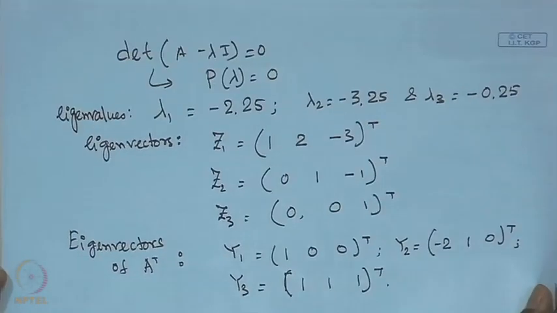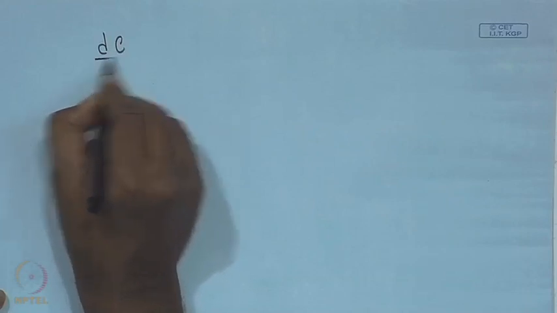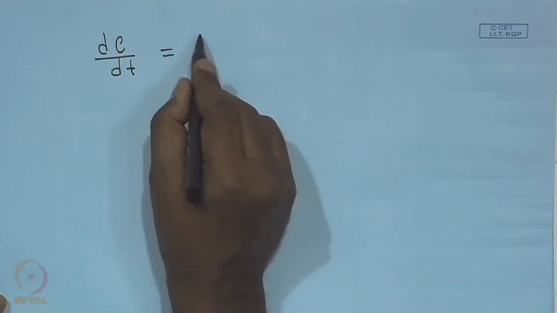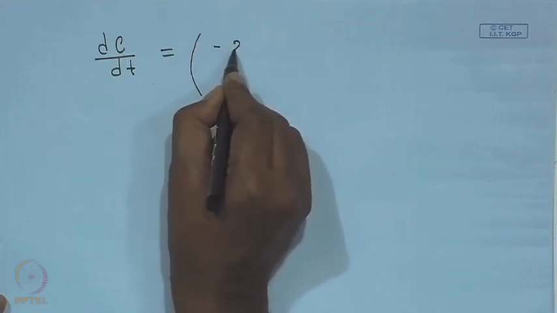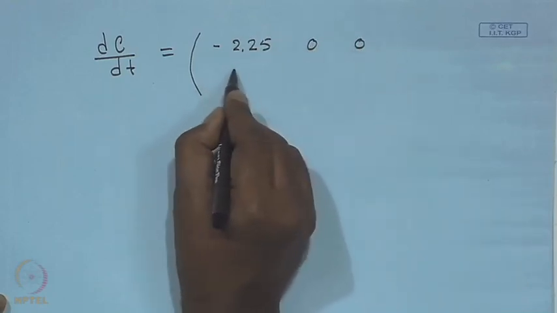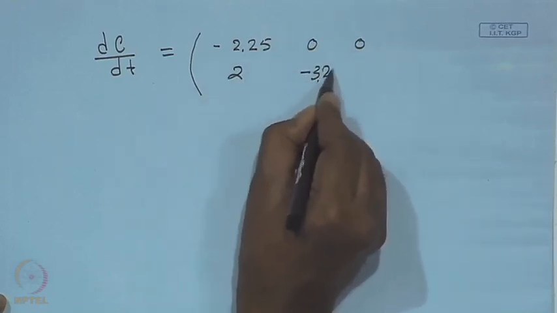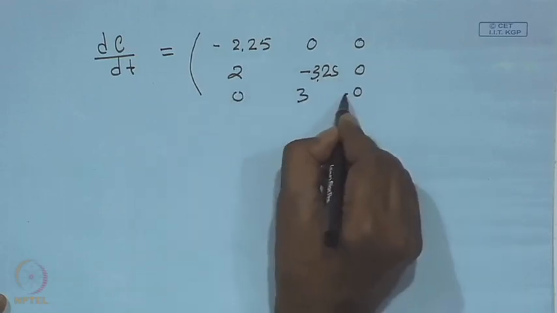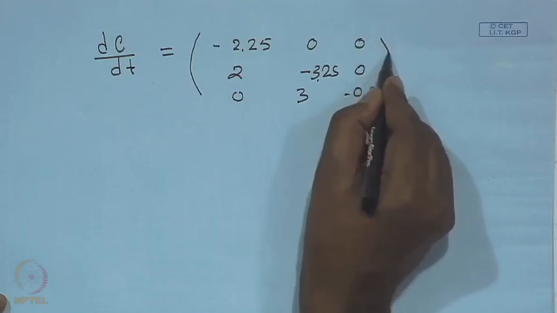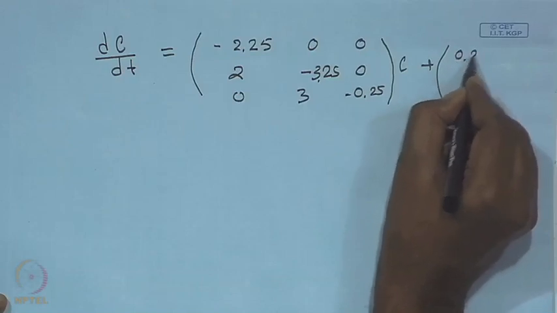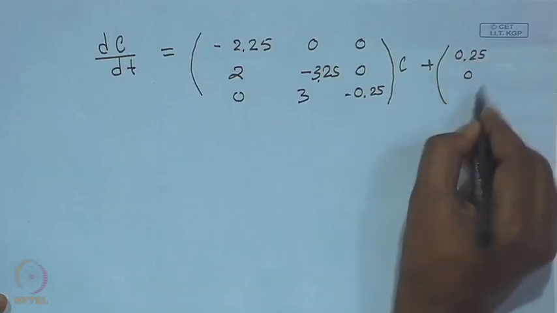So, we can write the compact notation that dC/dt is equal to the matrix with diagonal entries -2.25, 3 - 3.25, 0 - 0.25 times the vector C, plus the vector [0.25, 0, 0].